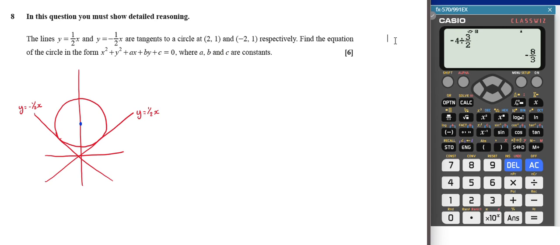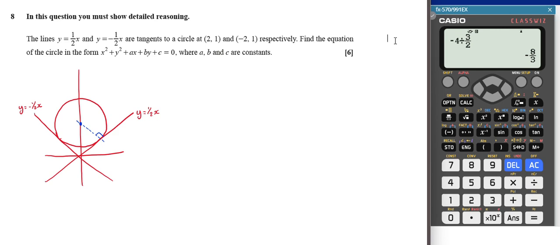I also know that if I draw a radius, because this is a tangent, that should be at 90 degrees. And if my diagram was any good, it would be. So I think we need to find the equation of that tangent. So what do we know about this?